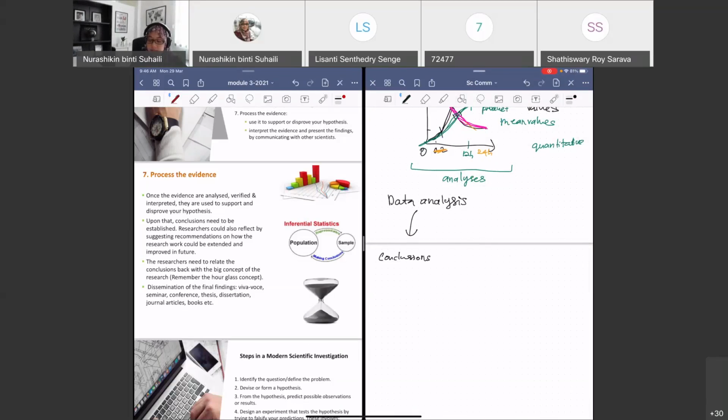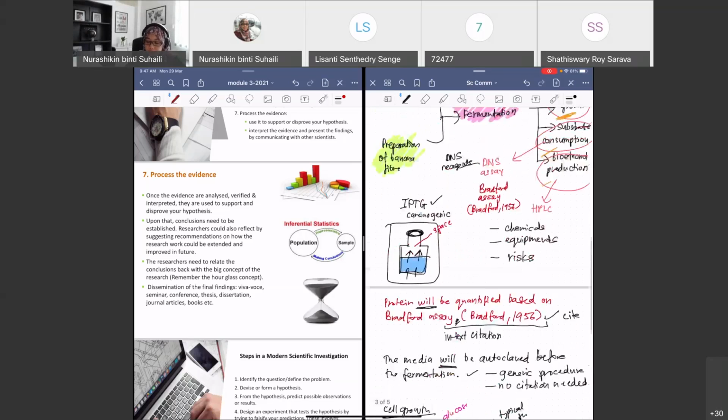So what needs to be stated in your conclusions? You should answer your objectives. If you have two objectives, you should make sure that in your conclusions, you answer those objectives.